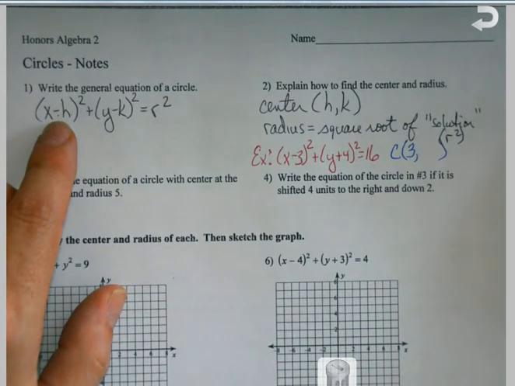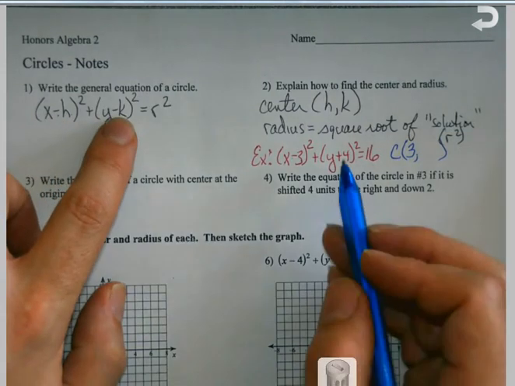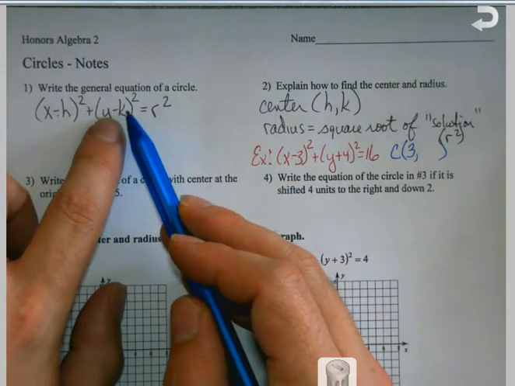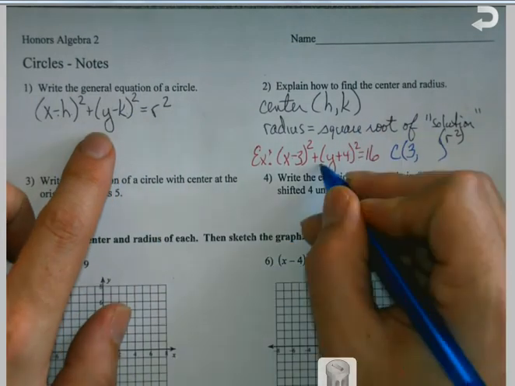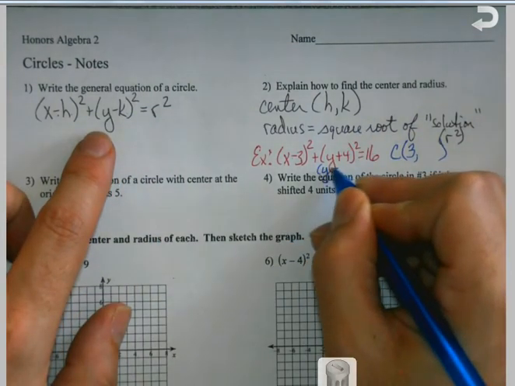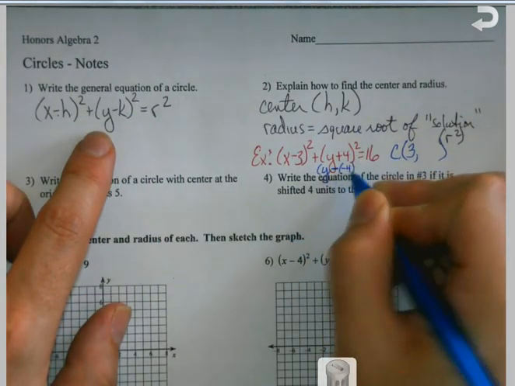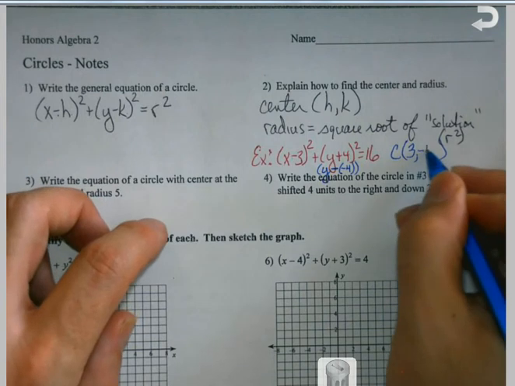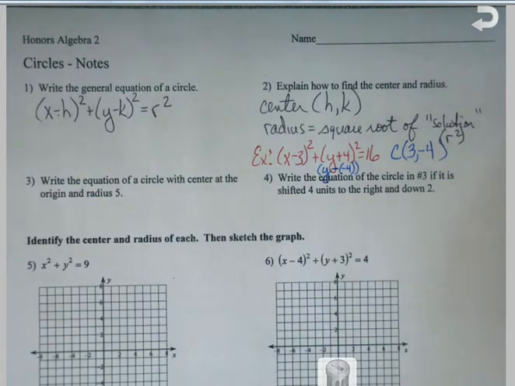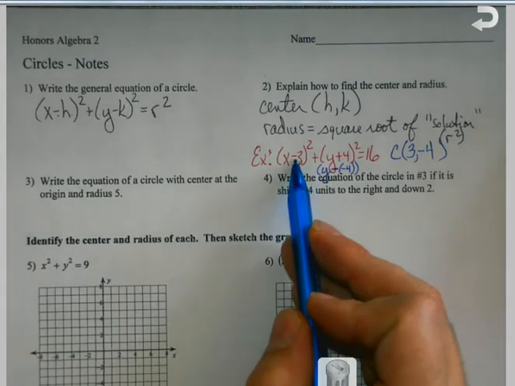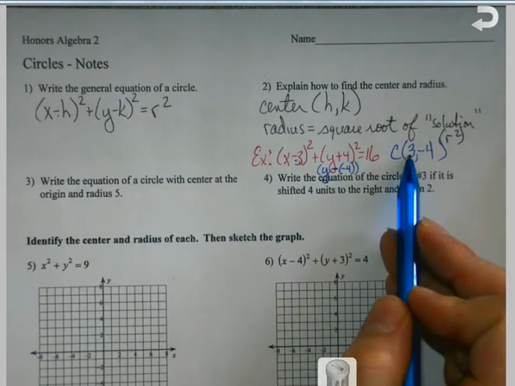Now here's the one that's real fun. My k: if you minus a negative, this is really the equivalent of having y minus -4. So basically the rule I like to use for my center is that it's the opposite sign of what you see. If I see a negative, it becomes positive for my center.